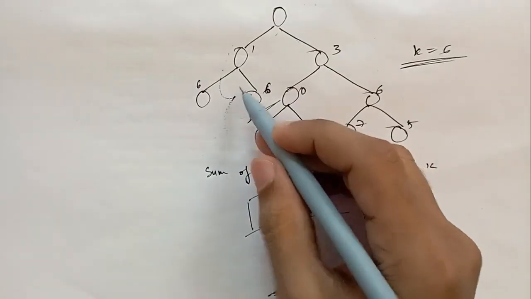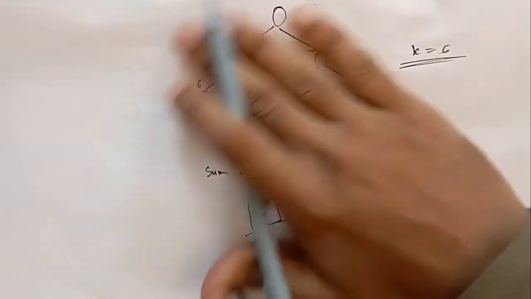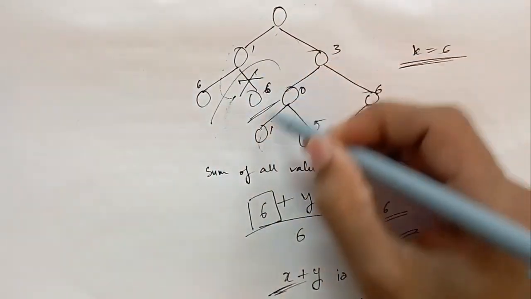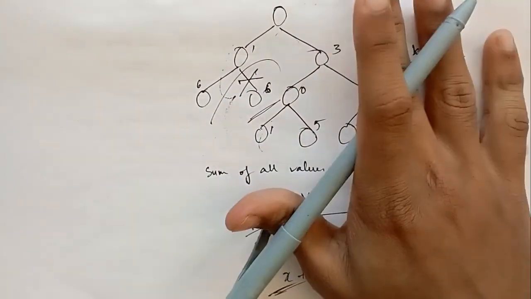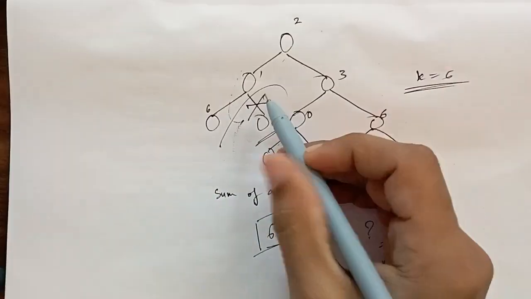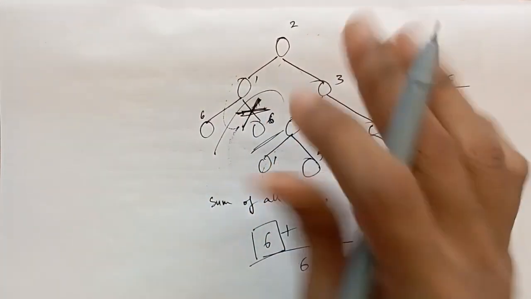Even if you remove this component and consider all of this as an individual component, it is also divisible by k. So there is no worry about removing this connection from the tree.